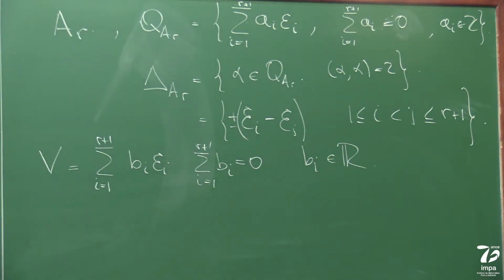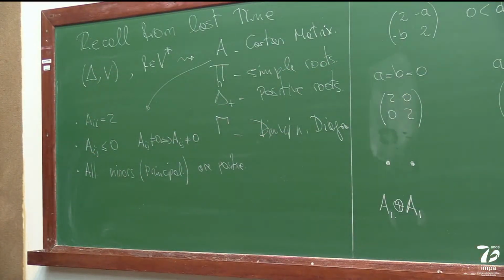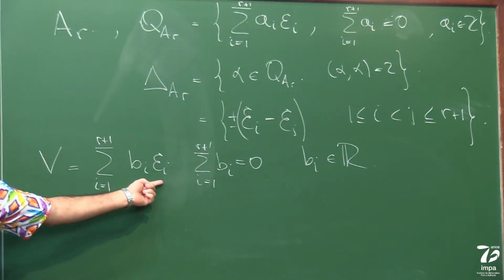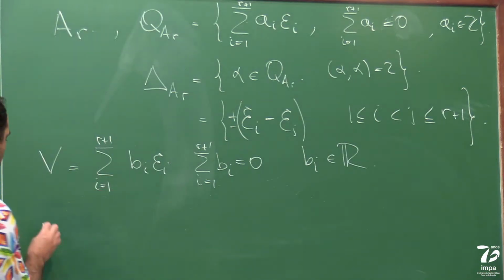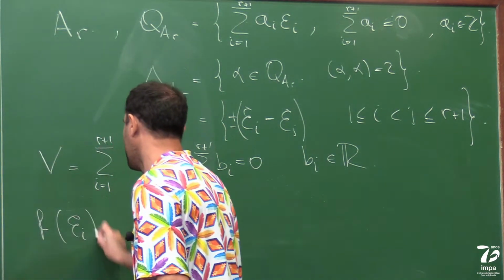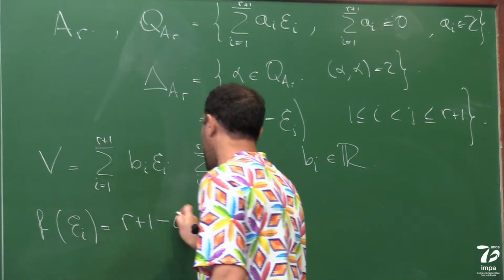So we need to choose a linear function that is non-zero on any root. And the simplest one is, well, to define a linear function on V, I can just tell you what it is on the basis epsilon_i. So choose f such that f of epsilon_i is equal to r plus 1 minus i.